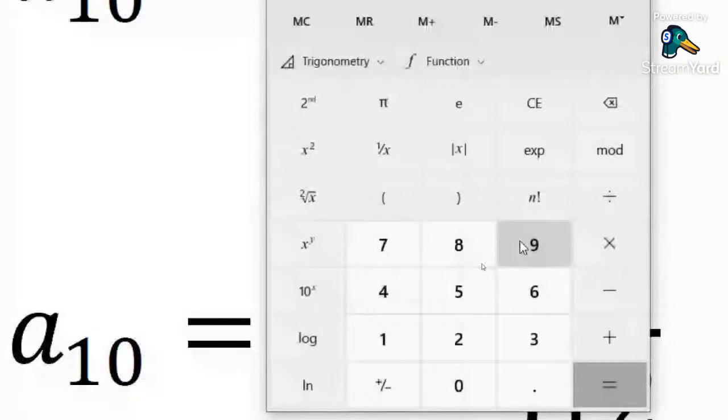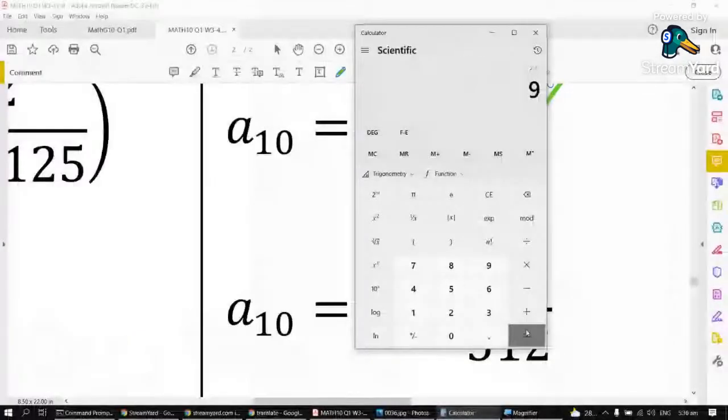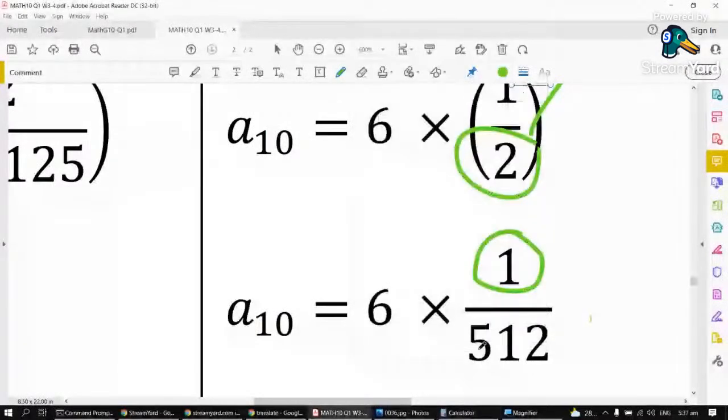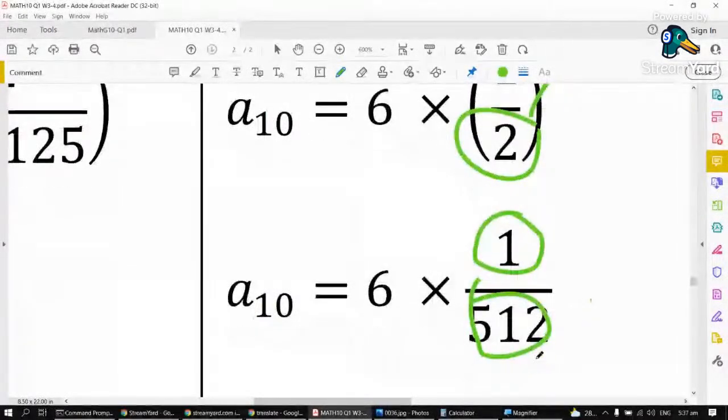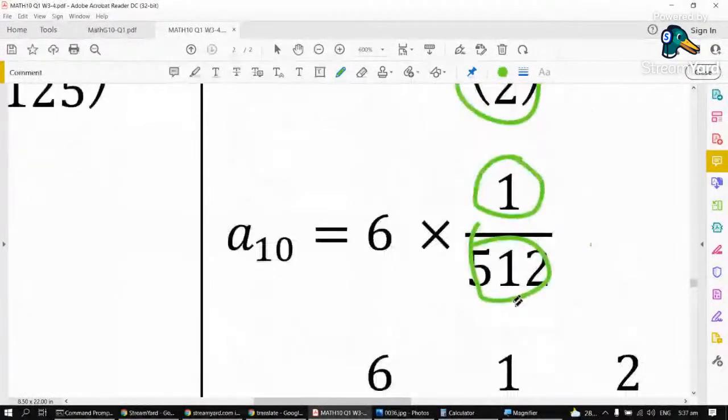So, pag press natin ng equal, 512 ang lalabas. So, 2 exponent 9 is equal to 512. So, makikita natin ang 512 at saka ang 6, pwede nating i-lowest term.